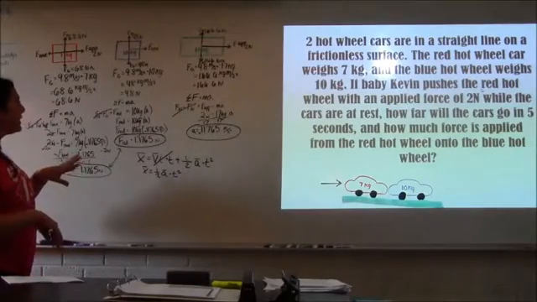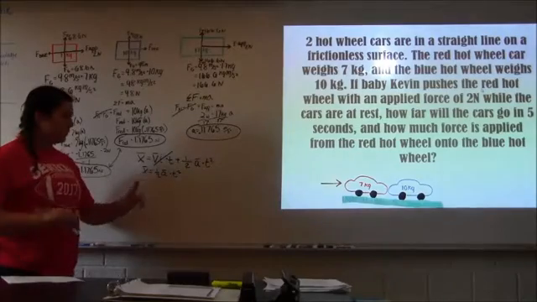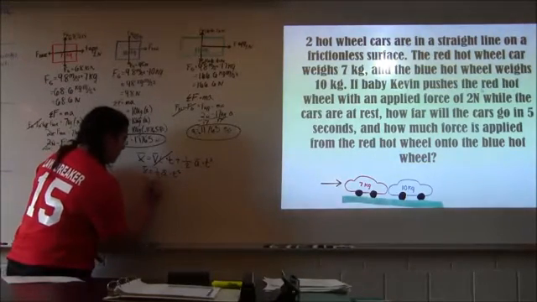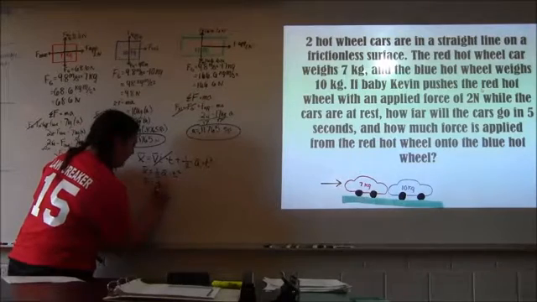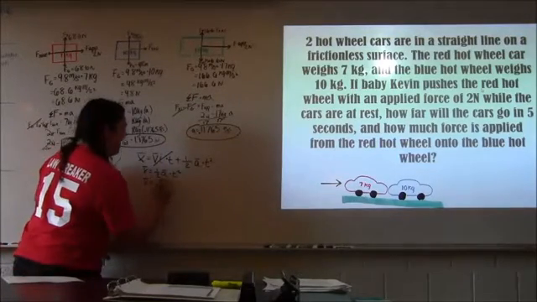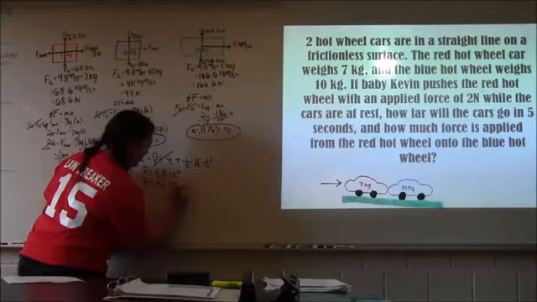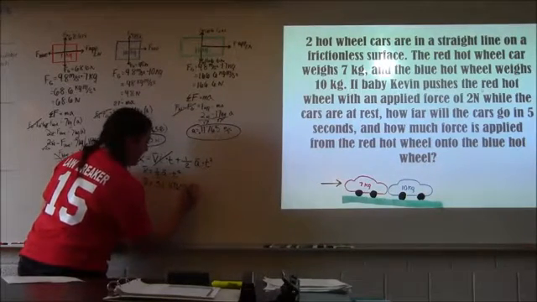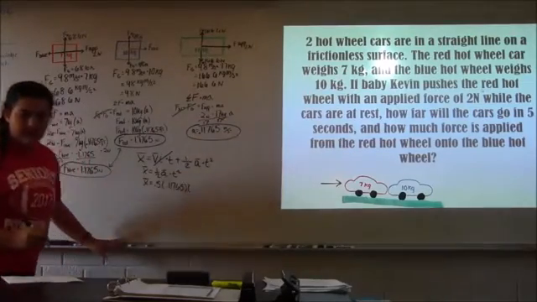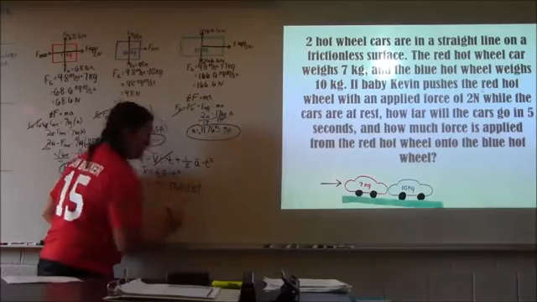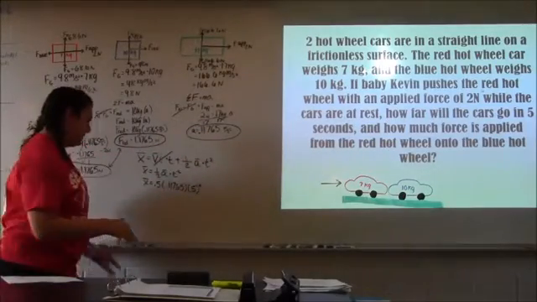So we know our acceleration of 0.11765 meters per second squared. We can do 0.5, since 0.5 is the same as 1/2, times 0.11765, and then multiply that by 5 seconds squared, which is what the problem is asking us.